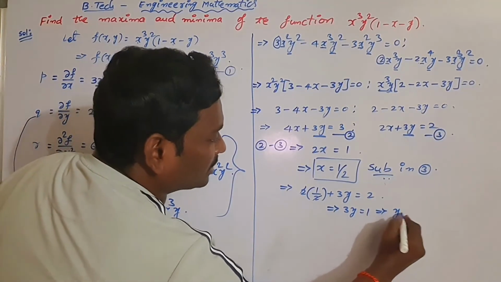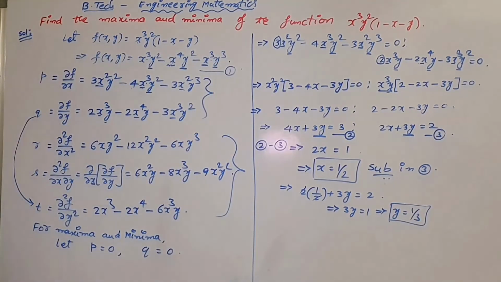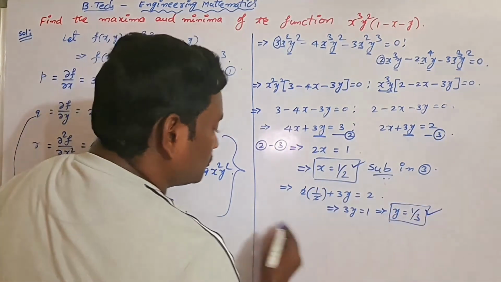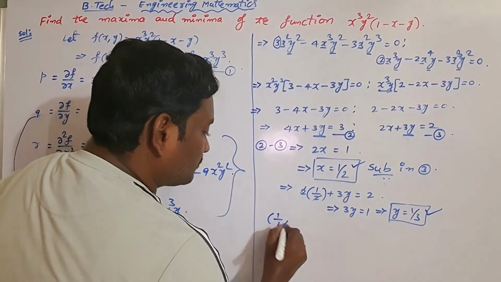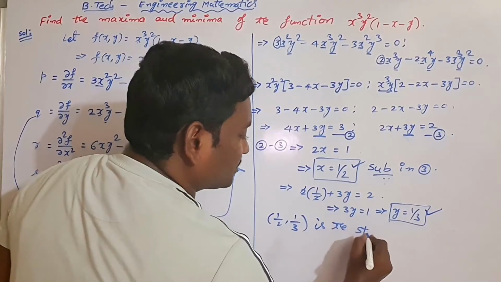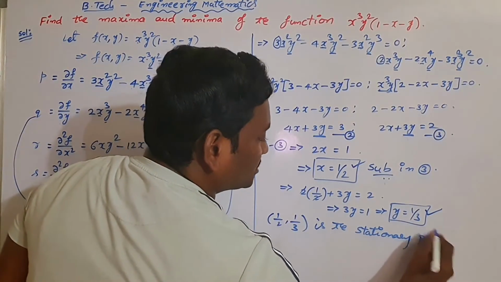So finally you conclude that y is equal to 1 by 3. Now you should conclude that 1 by 2 comma 1 by 3 is the stationary point.